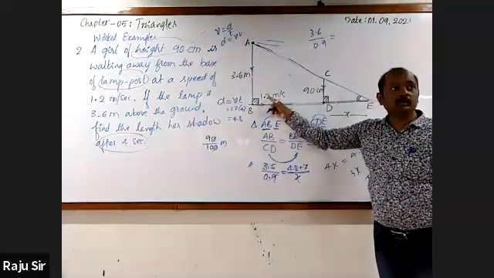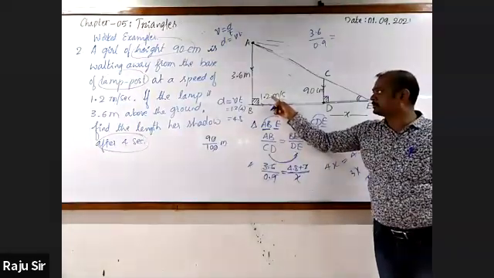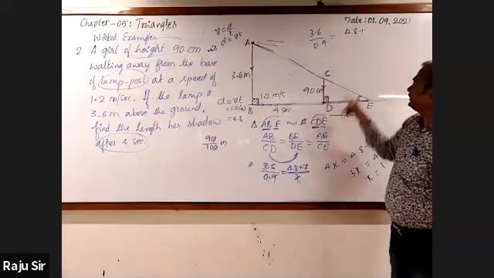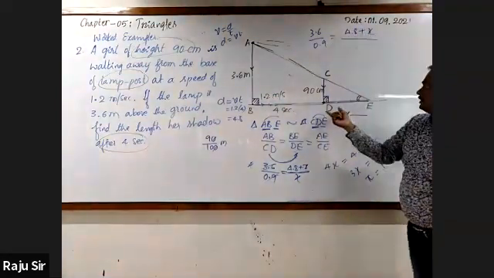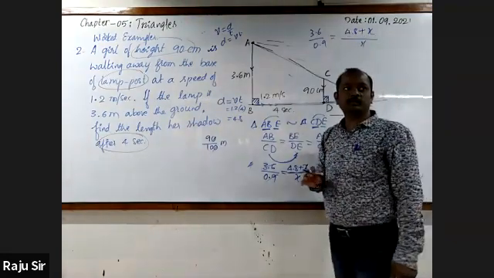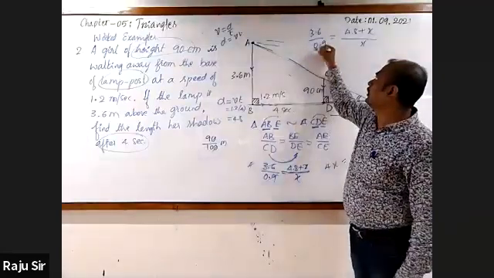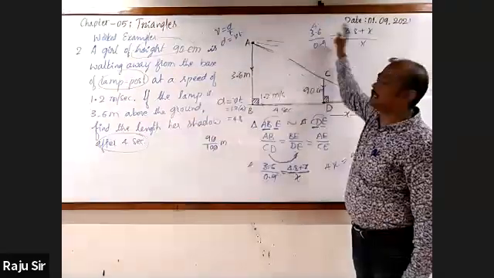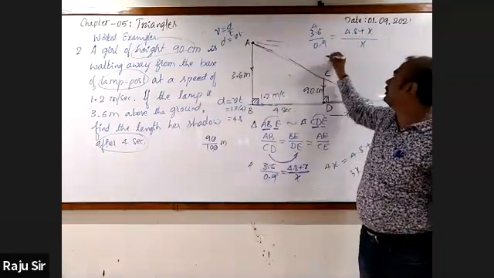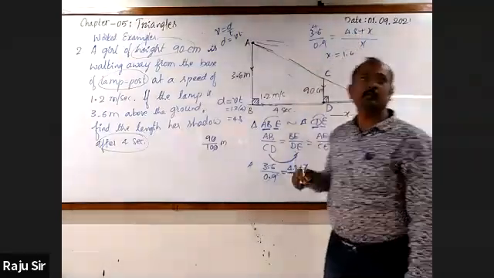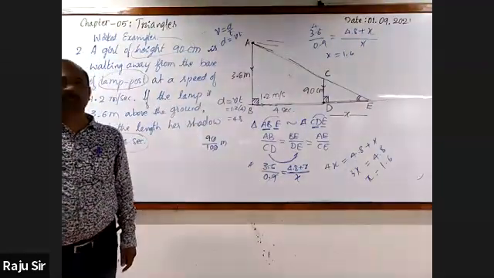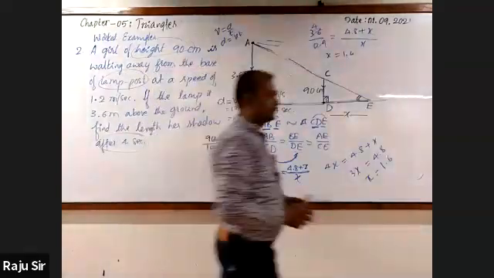Here the numbers change. 1.2 is the speed and time, 1.2 into 4 is 4.8. This length is X, then DA is X. Once you write this, immediately you can go for calculation. Here 1s are 4s are 4x, 3x, 3x equal to 4.8, x equal to 4.8 by 3. It is 1.6. Like this, you can go for mind calculation.